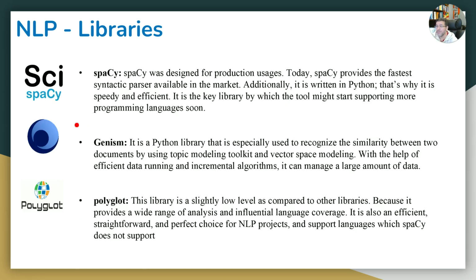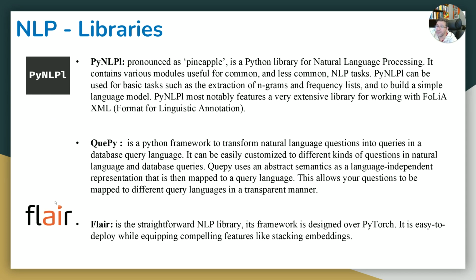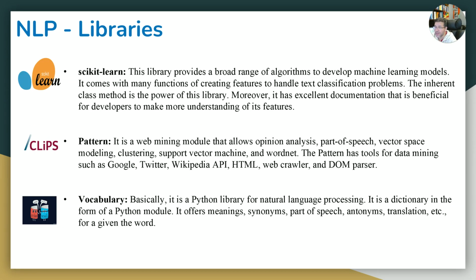Of course, spaCy and Gensim, which is a Python library used for topic modeling. Polyglot. We've got PyNLP. Flair is another great library that you could use for NLP as well.